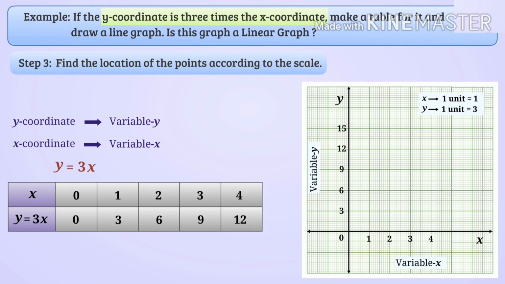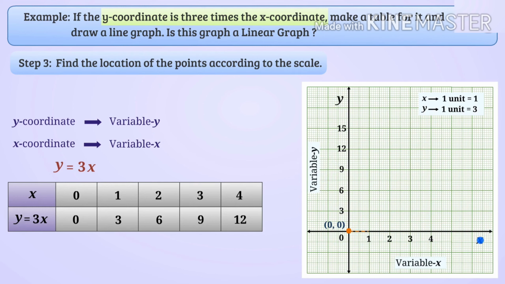As the first information, the x variable is 0 and y is also 0, which lies here at 0. So we will mark the intersection of the x-axis and y-axis here. Now similarly we plot x as 1 and y as 3.